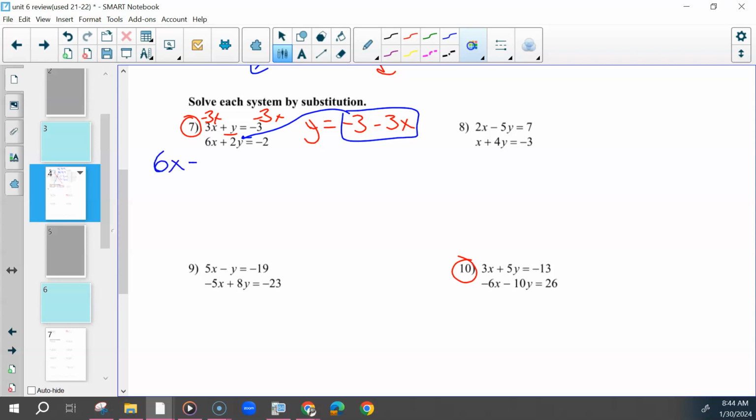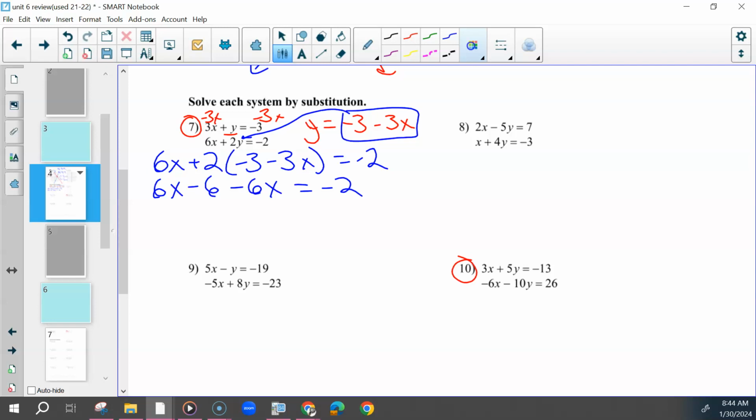So 6x plus 2 times negative 3 minus 3x equals negative 2. Distribute, combine like terms, solve for x. What happens when we combine like terms?